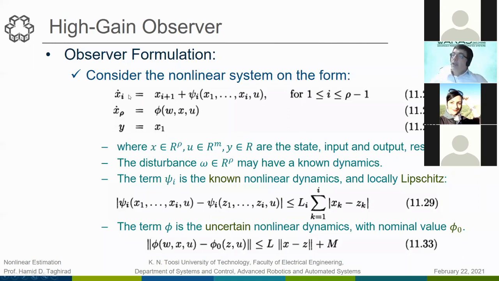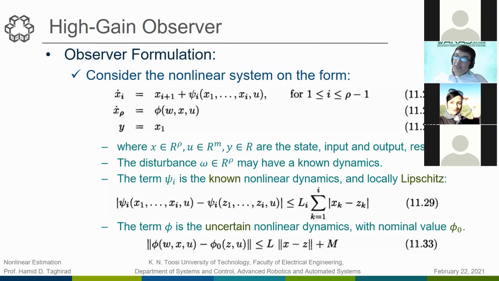So we have a rho order system, as you see here, rho minus 1 differential equations with psi. We have x dot i equal to x i plus 1 plus psi, and the last one, x dot rho, is equal to phi of w, x and u, and y is equal to x1. And I hope that among the 131 people attending the class, there are some of my students who attended the nonlinear control course this semester.